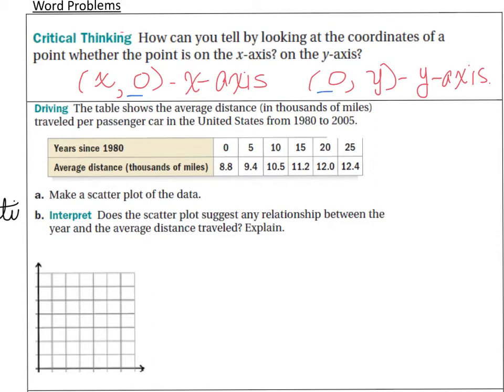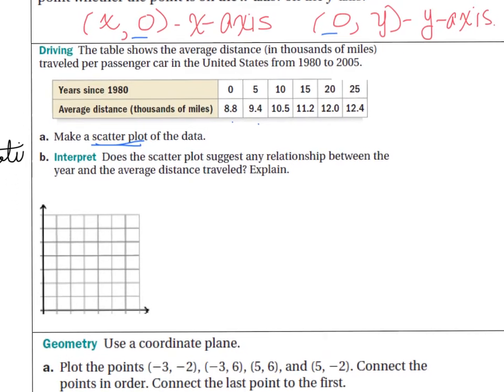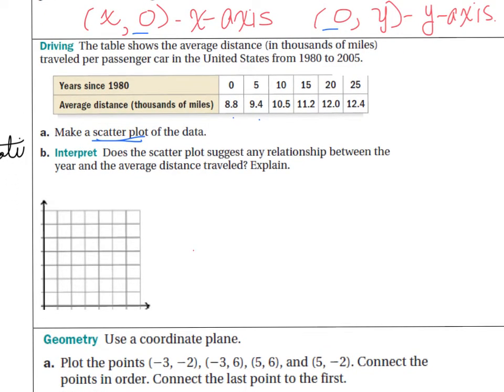Okay, driving. The table shows the average distance in thousands of miles traveled per passenger car in the United States from 1980 to 2005. Part A, make a scatter plot of the data. What is a scatter plot? A scatter plot is simply a plot of all the points listed. So now I'm going to set up my intervals. 0, 5, 10, 15, 20, 25.